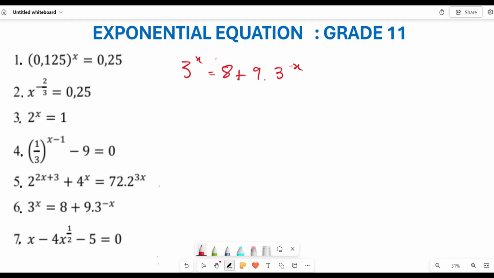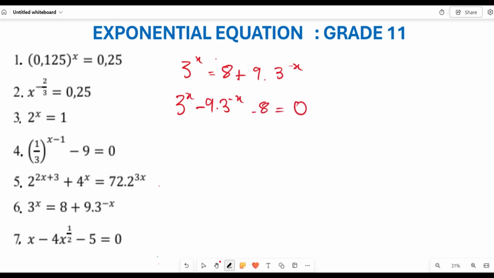Now we can start by making this in this way, right? So I can write this as 3 to the power of x, and I take this one this side, minus 9 multiplied by 3 to the power of negative x, minus 8 equals 0.